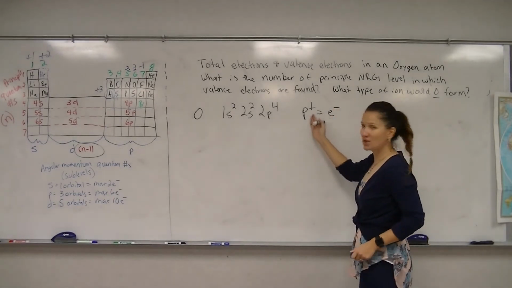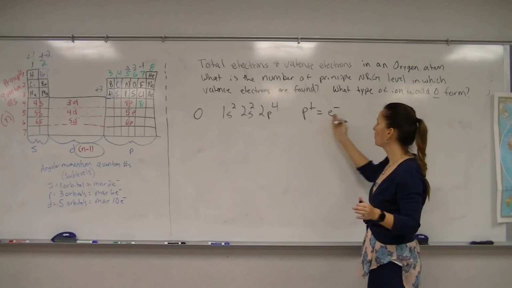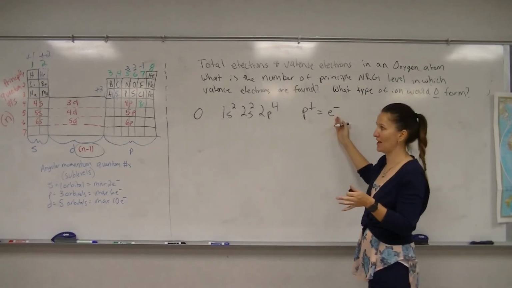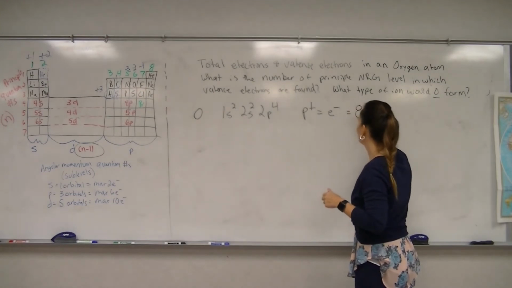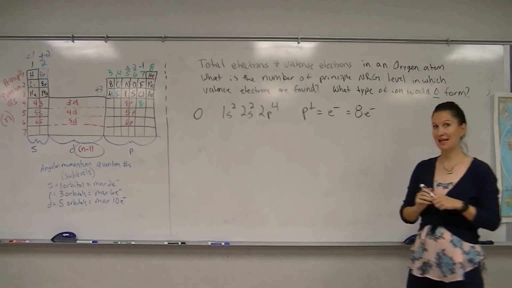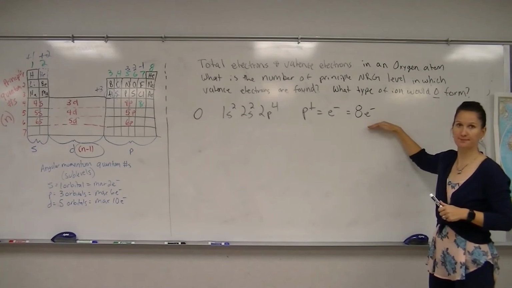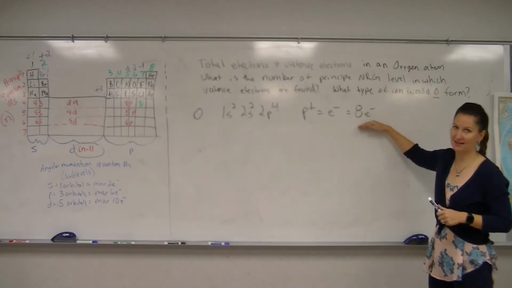So if we know the protons, which is the atomic number, we know how many total electrons oxygen has. So oxygen's atomic number is 8. Since it's neutral, that means it's going to have 8 electrons. So that's total. Different than valence.